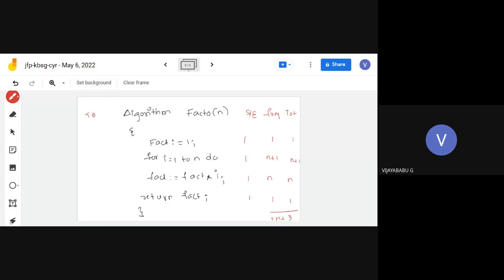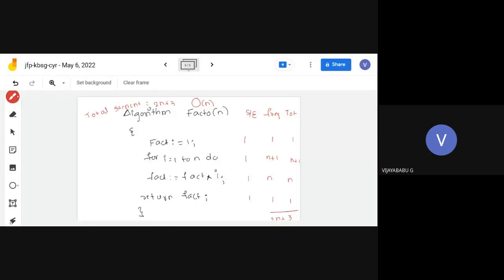So total step count for this one is 2n plus 3. Again the higher degree term is 2n only, power 1. So 2n plus something is there, but we are going to consider the higher degree term only, that is order of n. Likewise, we are going to find the step count for each and every non-recursive algorithm.